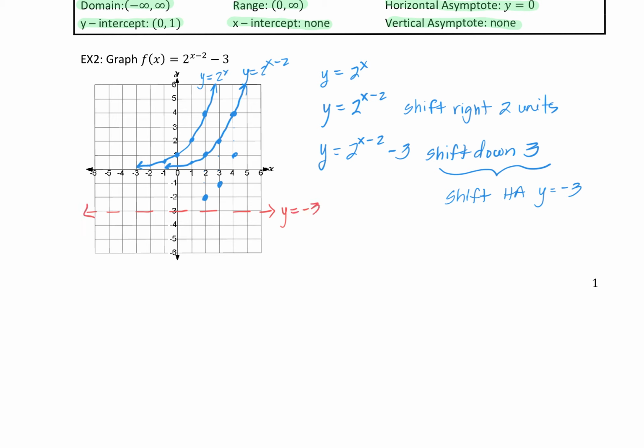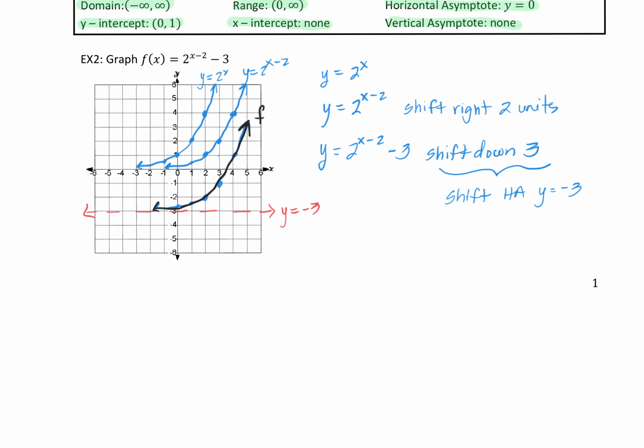And then we will finish off our points and sketch our graph. Maybe I'll make it black so it's clear that this is our final graph, F.